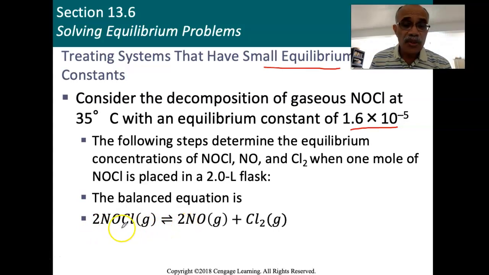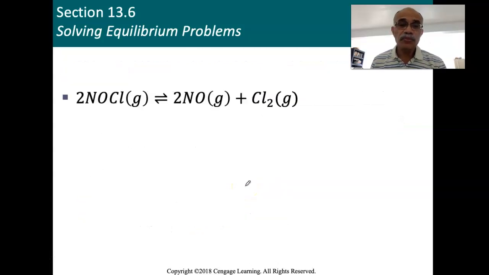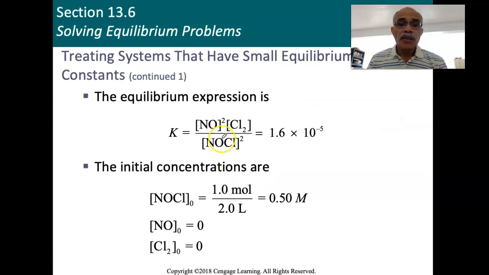When you start with the reactant and none of the product, there is only one direction this will go, to the right. So you don't need to calculate the value of Q. So the equilibrium expression is this, and the initial conditions are, notice that, you're only given the reactant, 0 of the products.